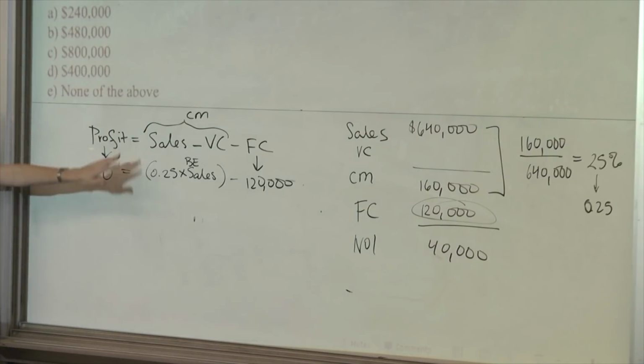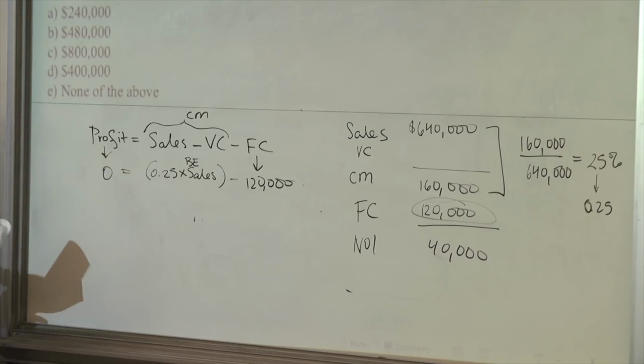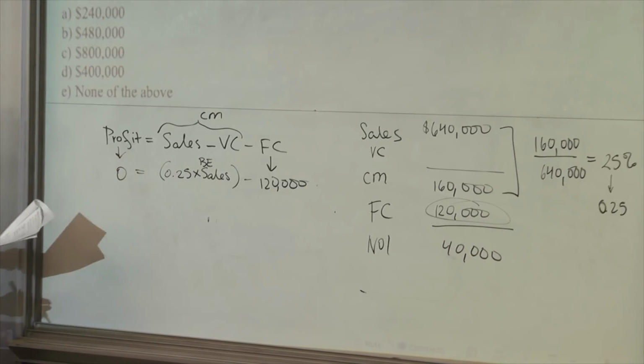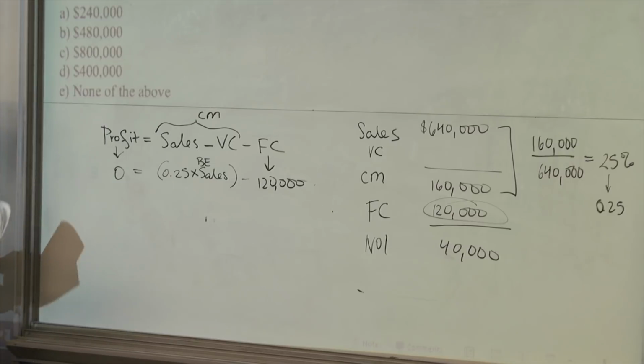If you can manipulate this portion of the equation in different ways, and if you don't remember how to, go through Chapter 6, this is going to be a huge help to you on the exam. So in this case, I'm using the contribution margin ratio. Minus variable cost is equal to the contribution margin, right? Yes. But then you wrote there contribution margin equal to 160,000.